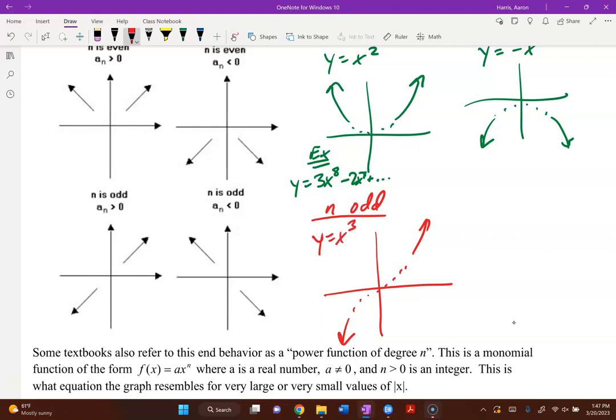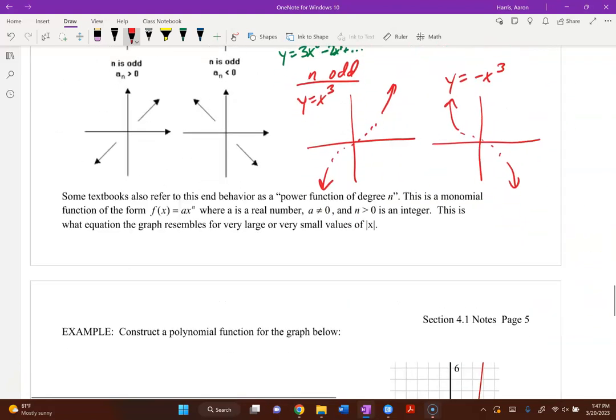It'll go down to the left, up to the right. And if the leading coefficient's negative, it'll flip that around, up to the left, down to the right. Anytime the degree is odd and the leading coefficient's negative.